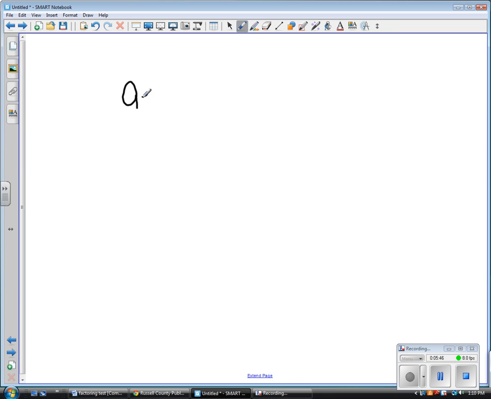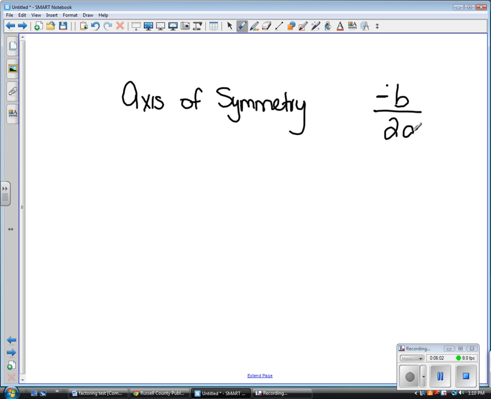To find your axis of symmetry, you have an equation, and that is negative b over 2a. So if I gave you anything like 2x squared plus 3x plus 12, first of all, know that that's a parabola.